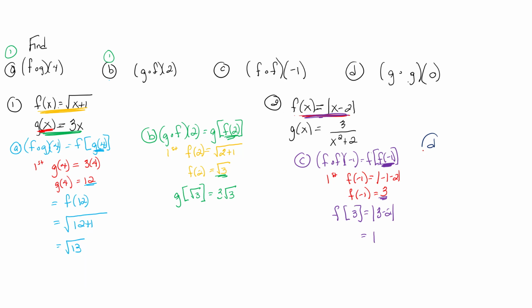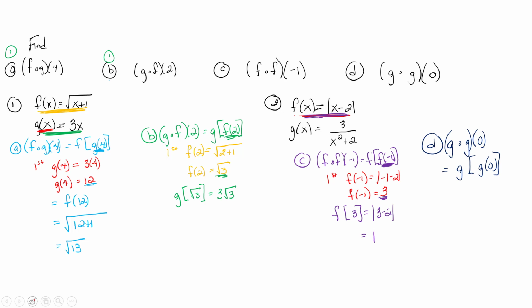Okay, one more. Let's look at D. D says G composite G of 0. Okay, definition says G of G of 0.